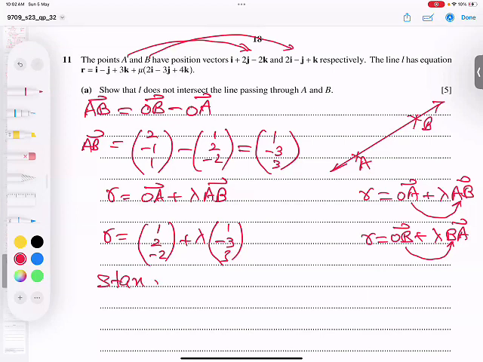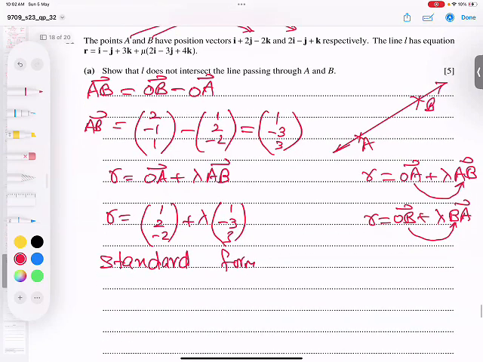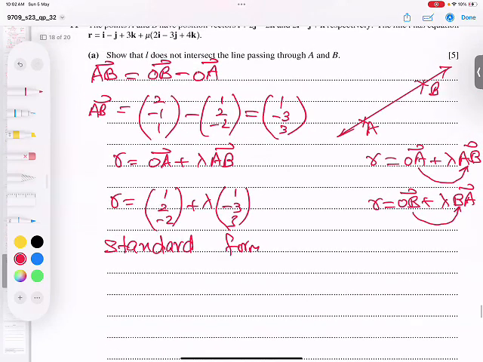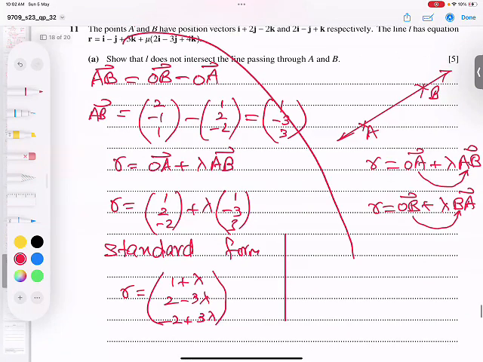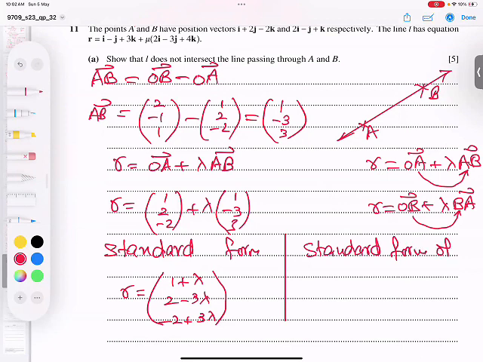So for standard form, this lambda multiplies inside and we add them both. So 1 plus lambda, same approach, 2 minus 3 lambda, and -2 plus 3 lambda. This is line 1. And what about the other line? The other line is L. Standard form of line L.